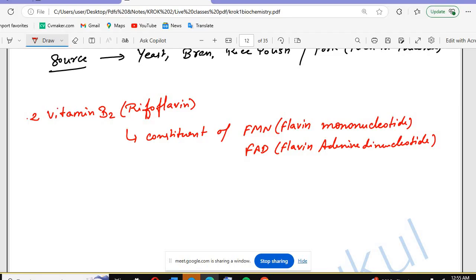The main thing you have to remember about vitamin B2 is FMN and FAD. This is involved in amino acid and carbohydrate metabolism.